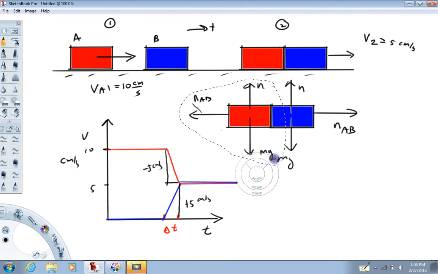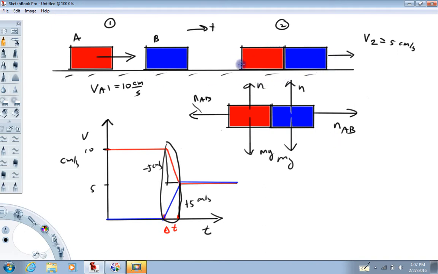And again, it's important to notice that these normals only occur in this time frame. Those normal forces are responsible for the left acceleration of mass A and the right acceleration of mass B. And again, they're not there just before impact.